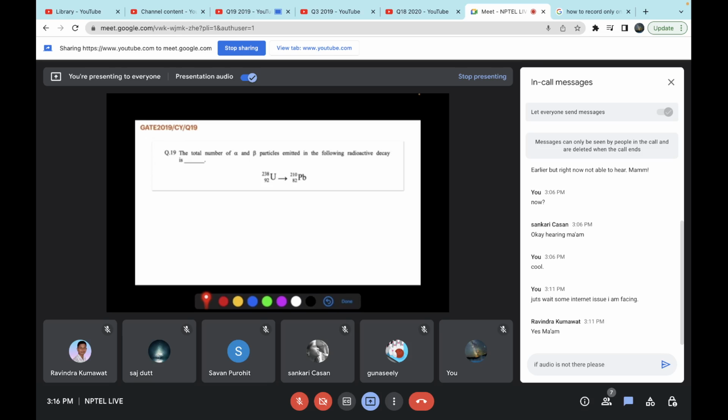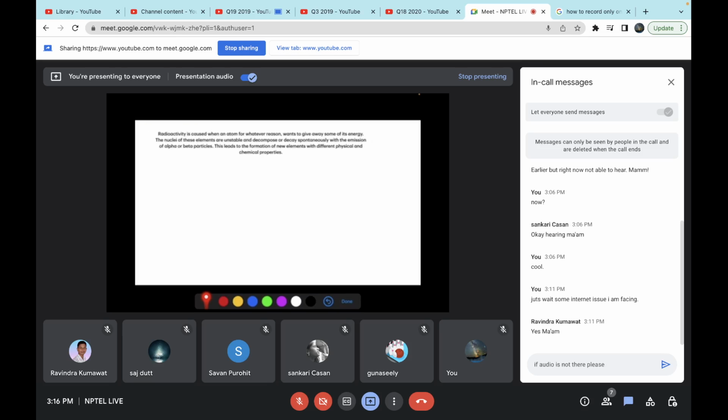Before solving this question, let's move into some basics. Radioactivity is actually caused when an atom, for whatever reason, wants to give away some of its energy. The nuclei of these elements are unstable and therefore decompose or decay spontaneously with the emission of alpha or beta particles.